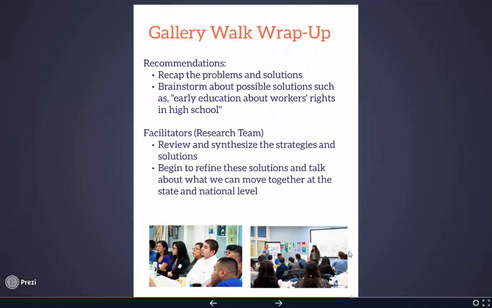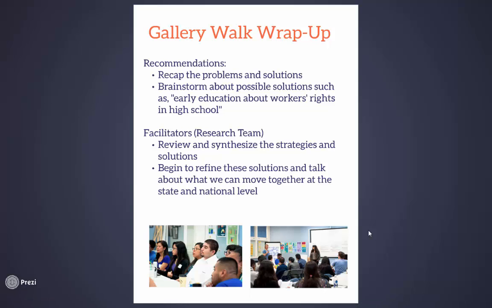So after group discussion, we wrapped up. The next step for us was really to create this discourse and also look at the questions and the answers that we came up with, and also solutions, and end up creating recommendations. So like I said, we recapped the problems and solutions, and we brainstormed about possible solutions.